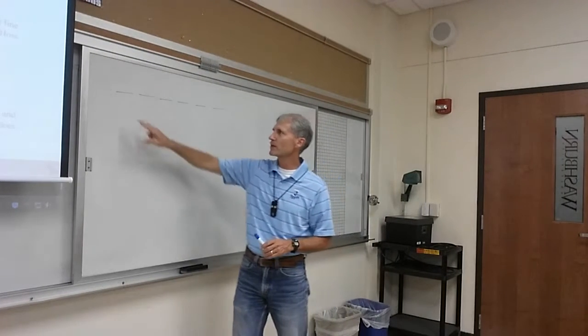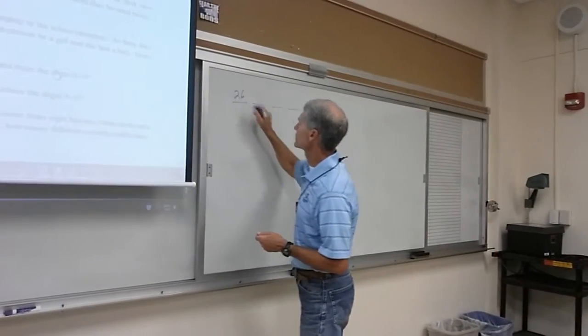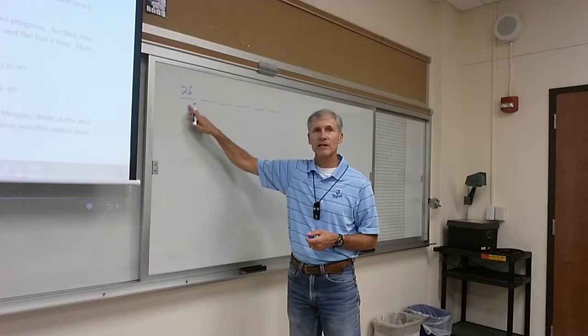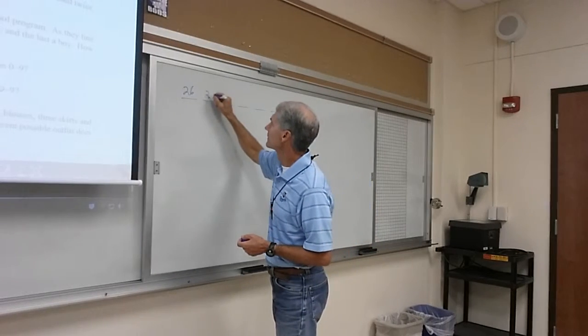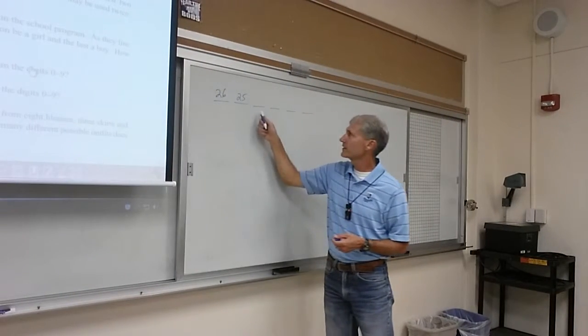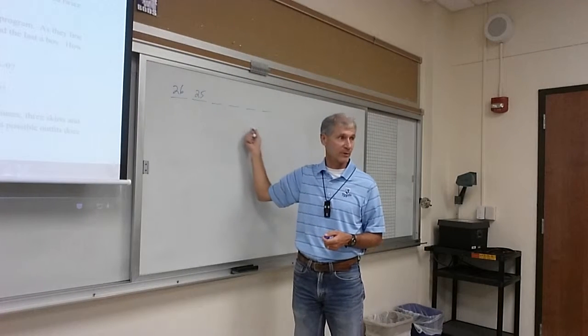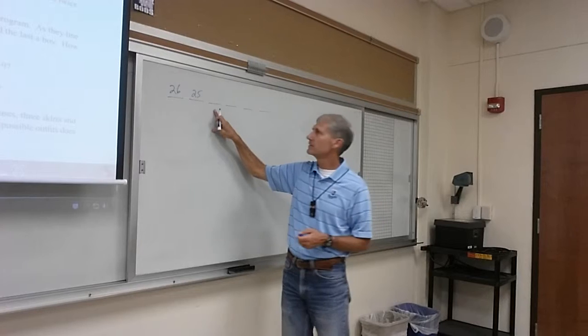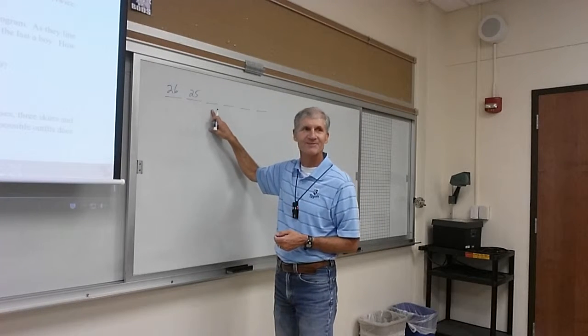So how many choices do I have for the first blank? 26. How many choices for the second blank? 25, because I've already used 1 letter. And then the next 4 have to be numbers. So the first number, how many choices do I have? 10.